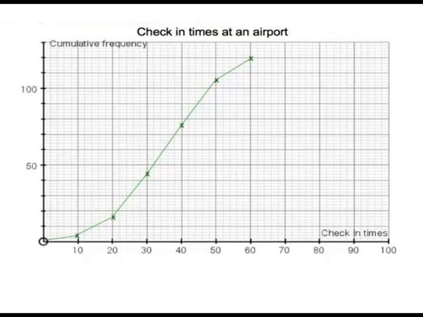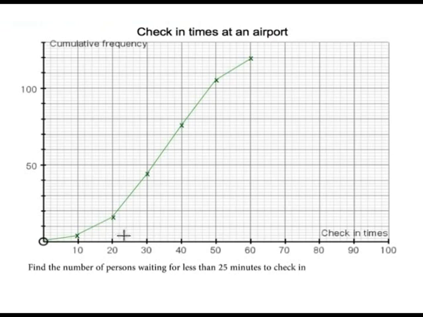Question 1. Find the number of people waiting less than 25 minutes to check in. Now, the words less than are very important because the person waiting for exactly 25 minutes is not waiting for less than 25 minutes. What we do is come to 25 minutes and draw a line to meet the curve.